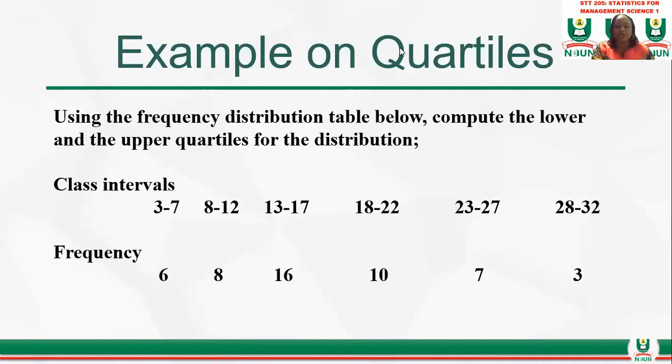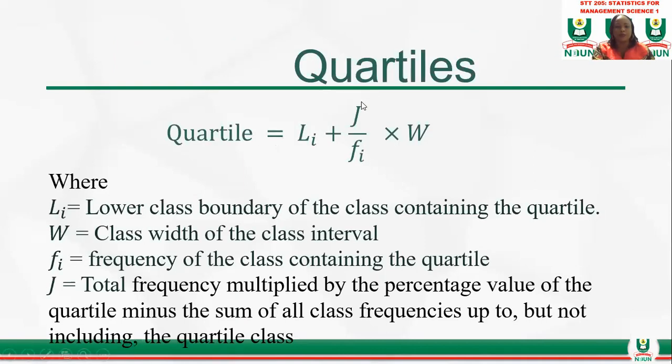So with the formula I just showed you, looking at the table, I want us to have the values of Li. I want you to give me the values for Li, W, Fi, and J. Let's be fast about that.